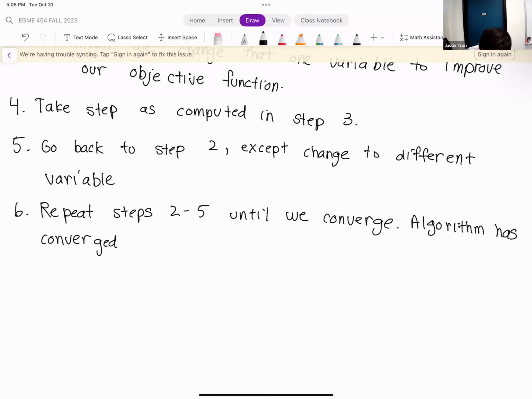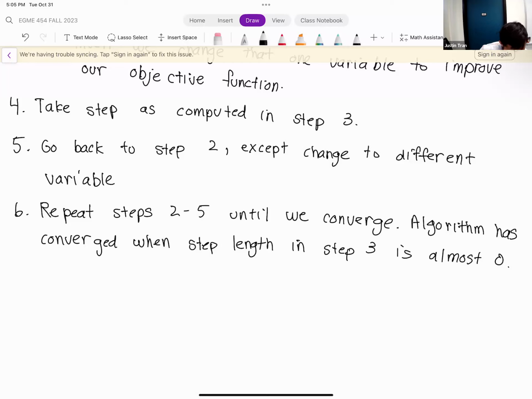So the algorithm has converged when the step length in step 3 is almost 0. I say almost 0 because, because of numerics, it's hard to get things to be exactly 0. But if it's something that's very, very close to 0, then we say it's converged.